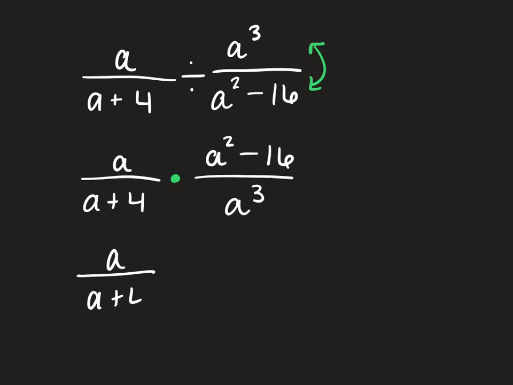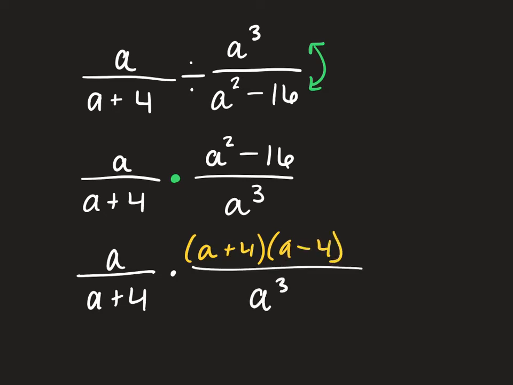So that part stays the same. We factored that into a plus 4, a minus 4, and we still have our a to the third on the bottom. Now we can cancel out a plus 4 and a plus 4. What about our a and our a cubed?